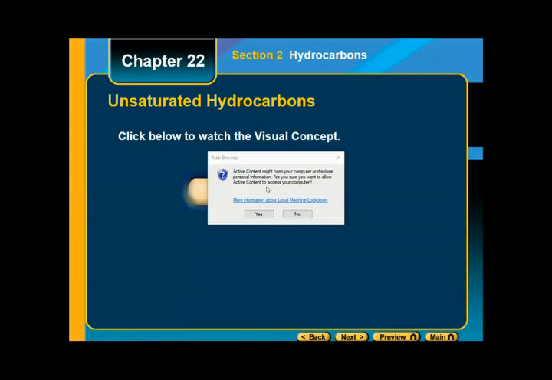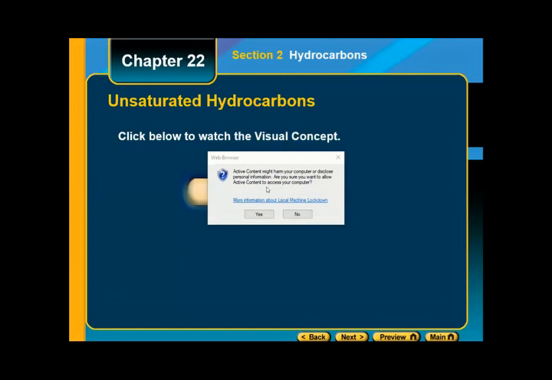Here, if I don't have this double bond between the two carbon atoms, I will say that this is ethane, because it contains two carbon atoms. Here we have a double bond, so instead of saying ethane, with A, I will replace it with E, because it's now an alkene, not an alkane.